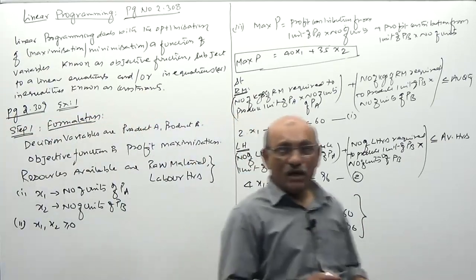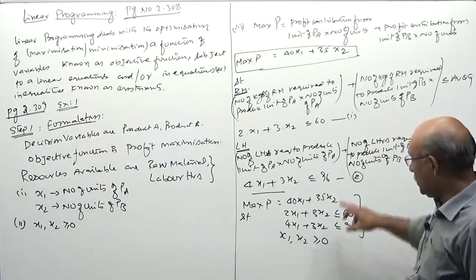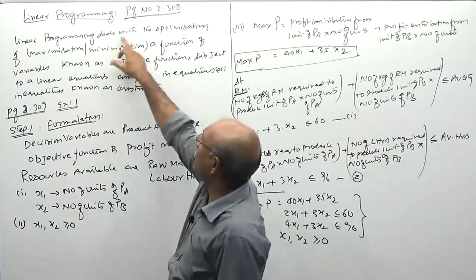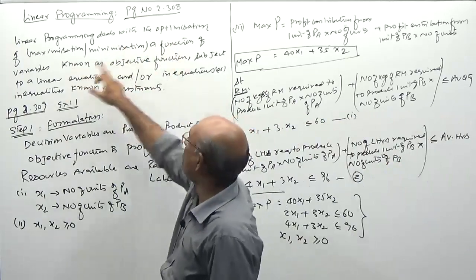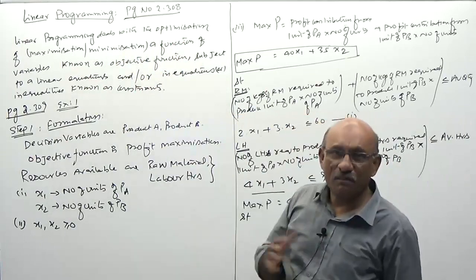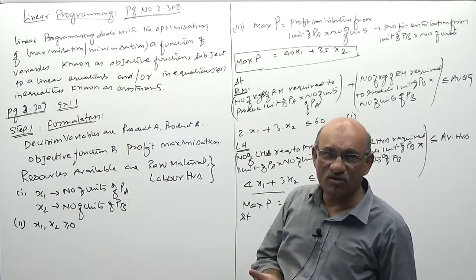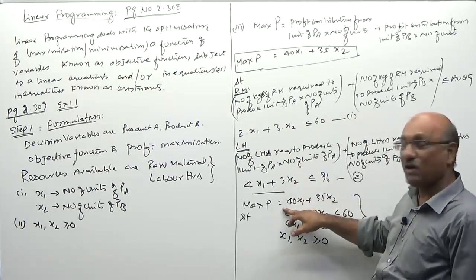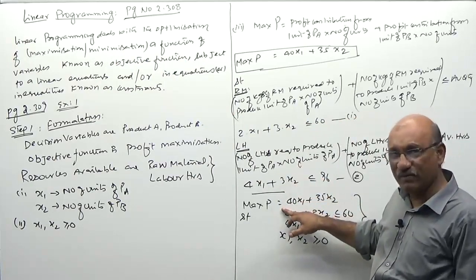Okay. Now, let us compare this with the definition, sir. Linear programming deals with the optimization of a function, so maximization of profit or minimization of cost. What is the objective function as far as this problem is concerned? Profit maximization.